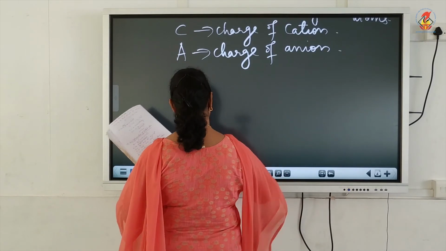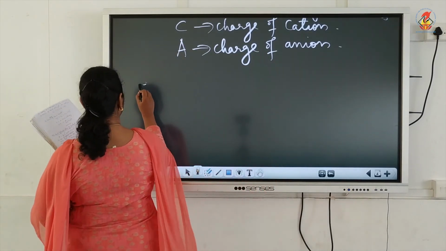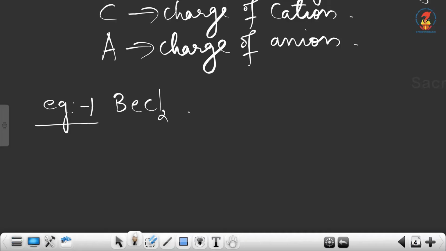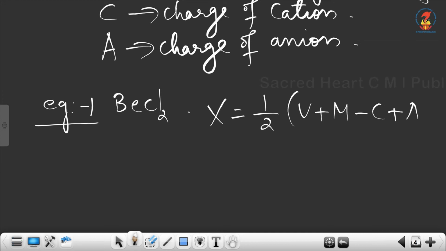Example 1, BeCl2, and the formula is X is equal to half into V plus M minus C plus A. Half into V, valence electrons in beryllium is 2.